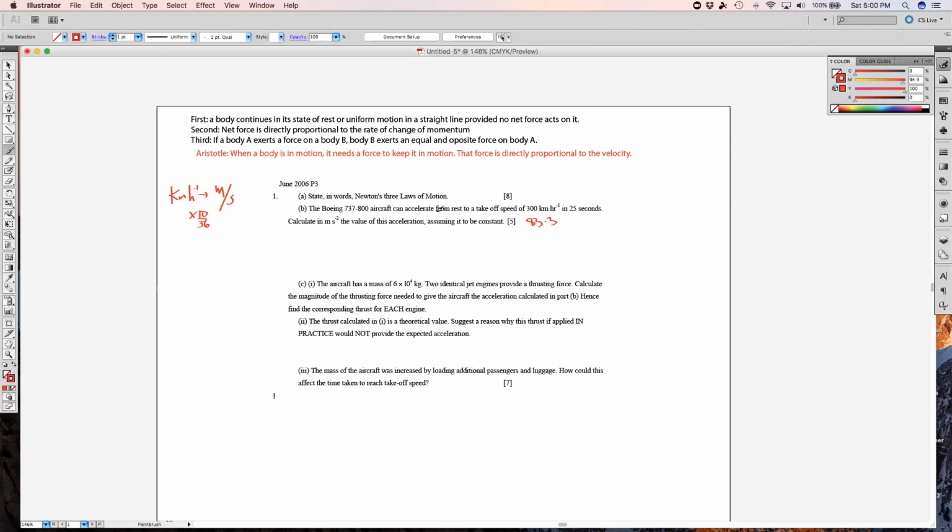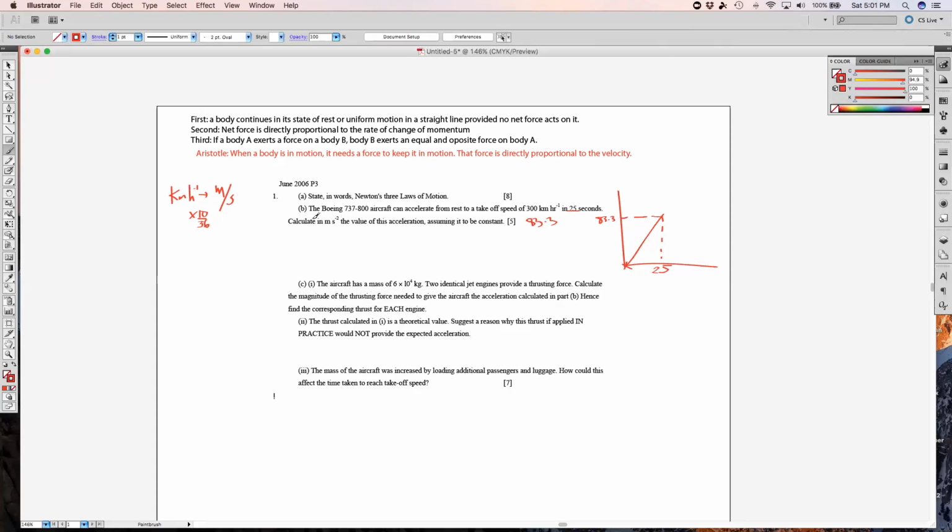So this aircraft is accelerating from rest, and the final velocity was 83.3 after a time of 25 seconds.